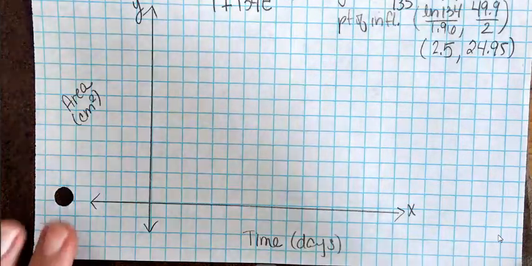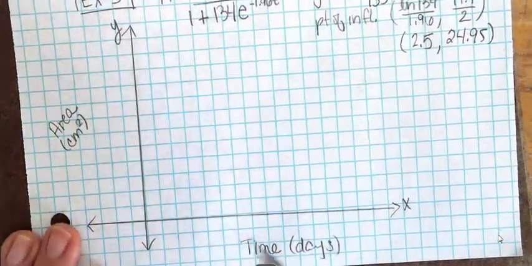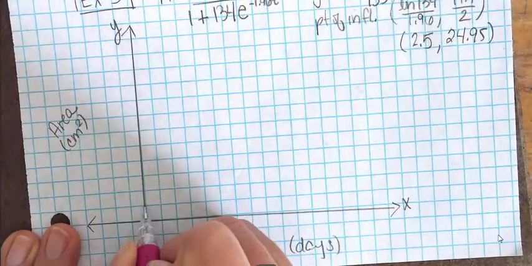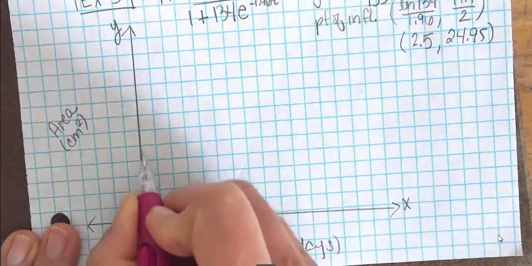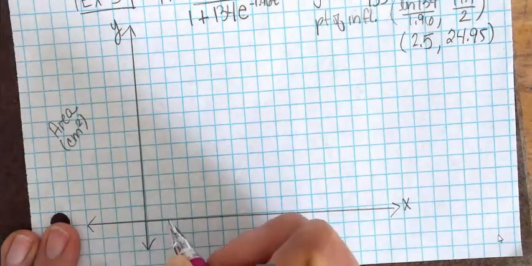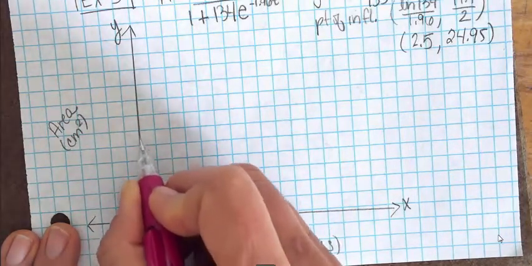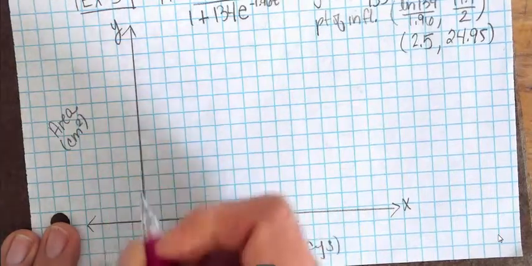Okay, so graphing this, I've got a horizontal asymptote up at 50. So maybe 10, 20, 30, 40, 50. Could I do this any other way if I have 10, 15, 20? Oh, okay, I'll go by fives.